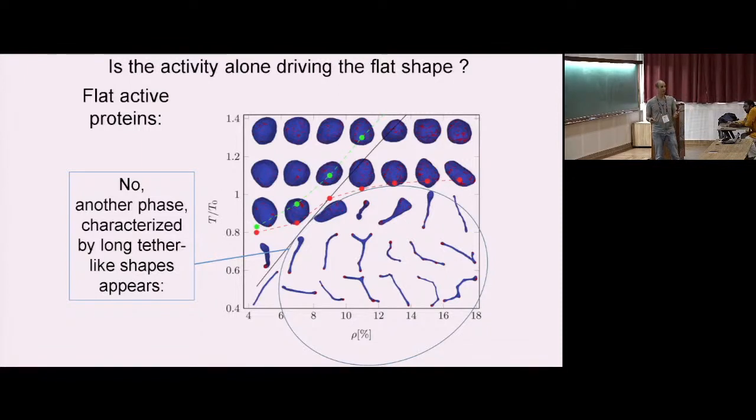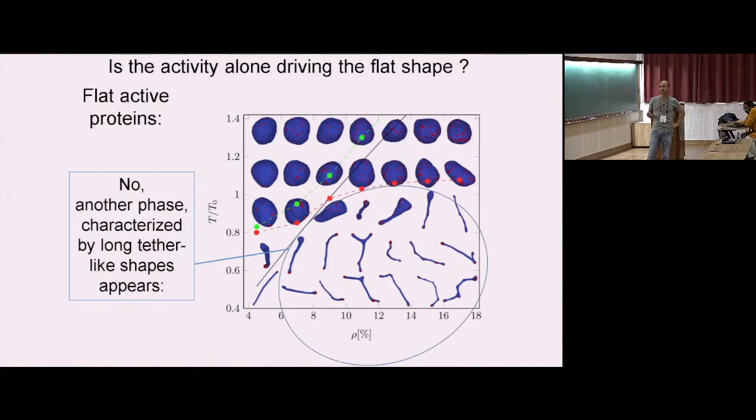So you will agree with me that in order to get flat protrusions, you must have the combination of curvature and pushing force. Pushing force by itself is not enough. And in fact, only when you look at this again in retrospect, you say, aha, of course, a flat protein with force should give me a protrusion, a tether-like protrusion, a cylindrical protrusion. We call these hydra shapes because they look like hydra in some sense.